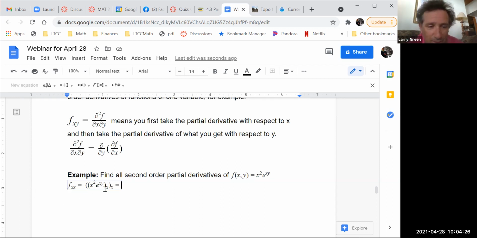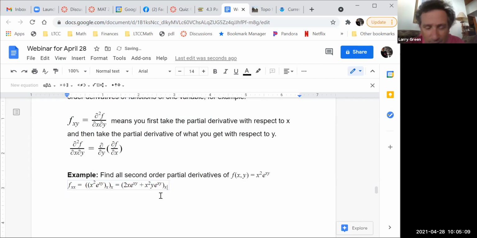What rules do I have to use to take the partial with respect to x? Yeah, product and chain. So that is going to be 2x e to the xy plus x squared times y e to the xy, sub x, because I just took the first partial.